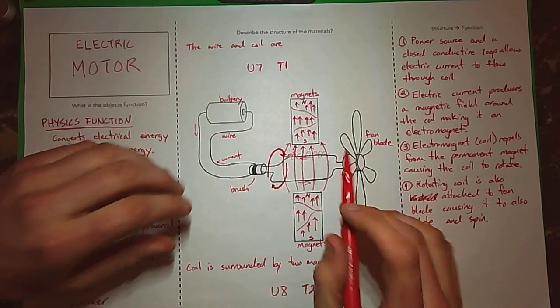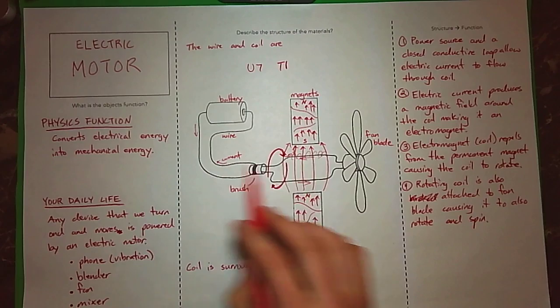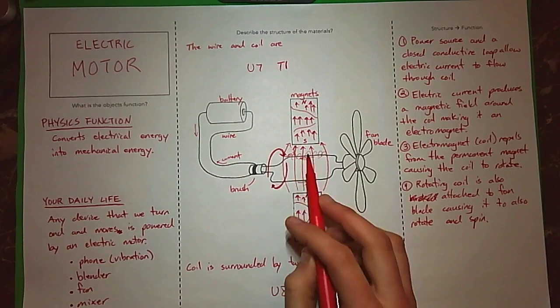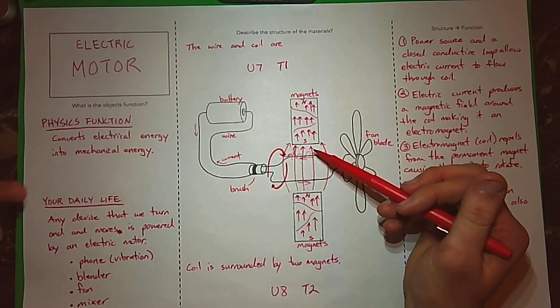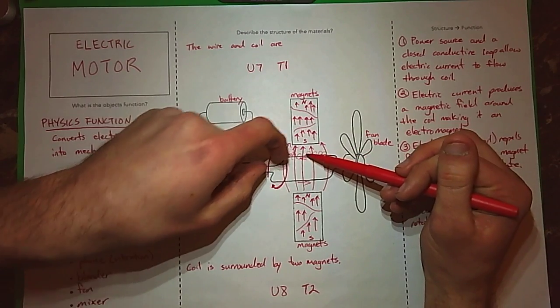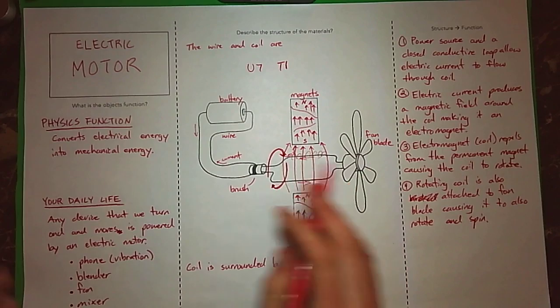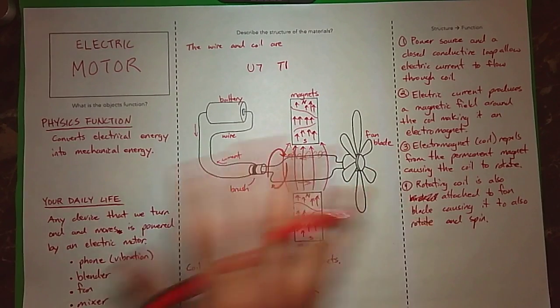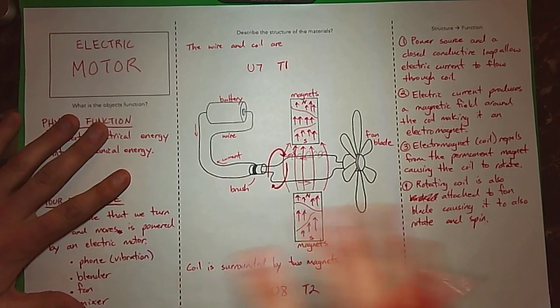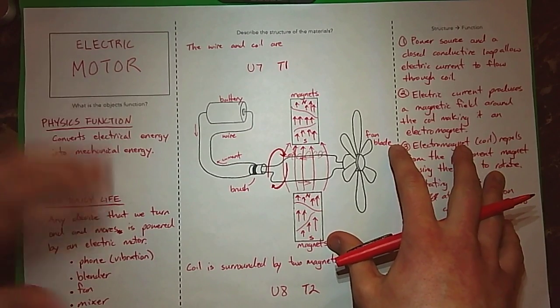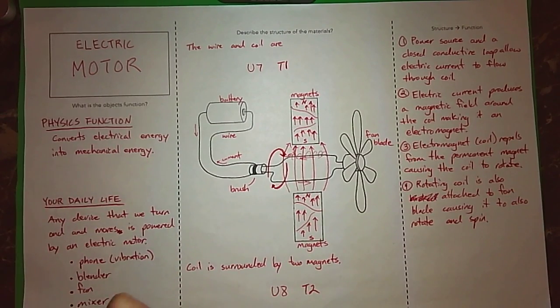So in this case, what we care about is that we have current running through our coil, it produces magnetism, and because of that, this magnet now repels from that magnet. We don't care about the alternating current in this case, or any type of changing magnetism. That electricity generates magnetism in this case, and maybe for some of your objects later on, that magnetism generates electricity.